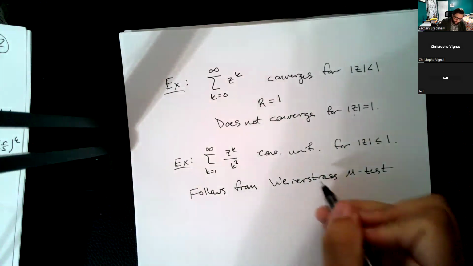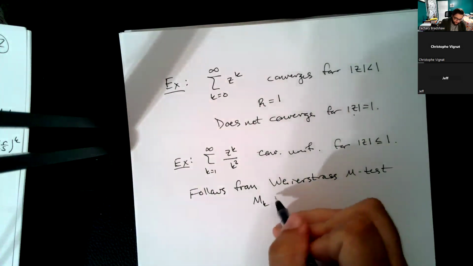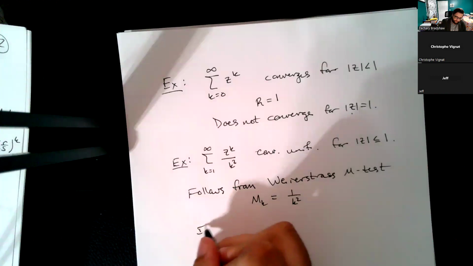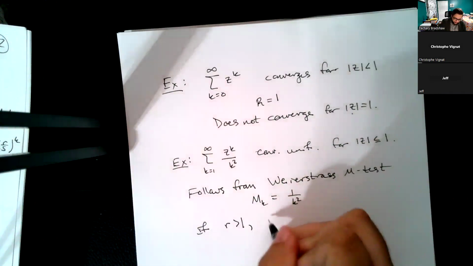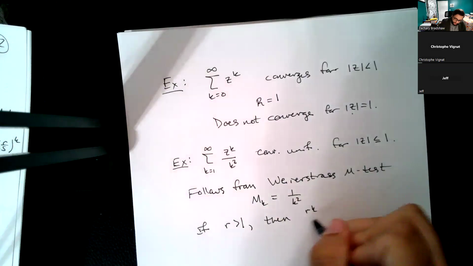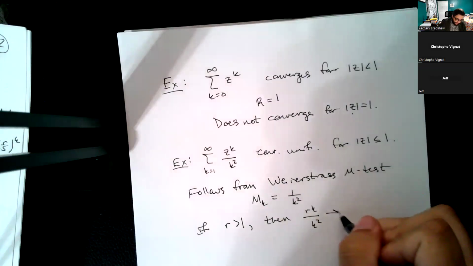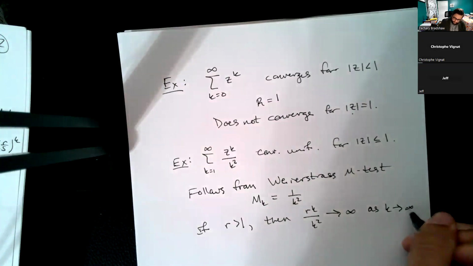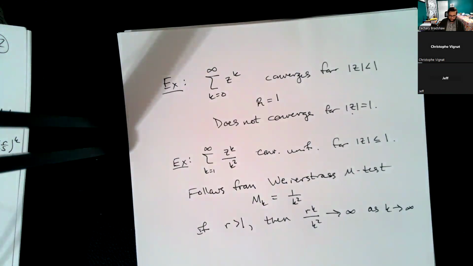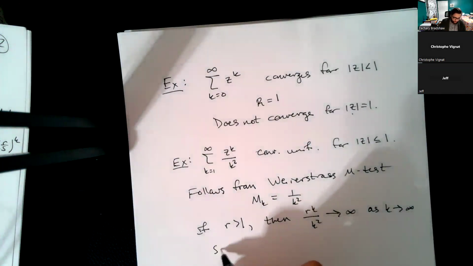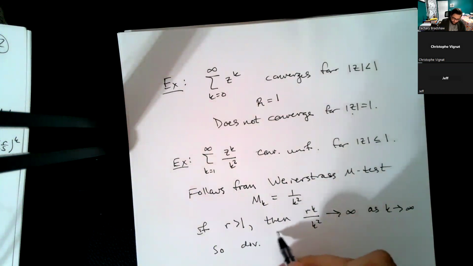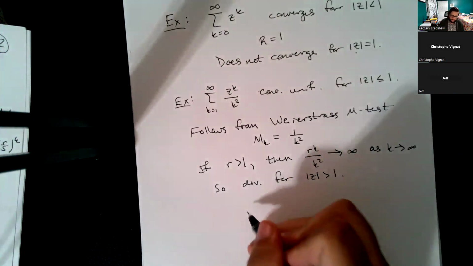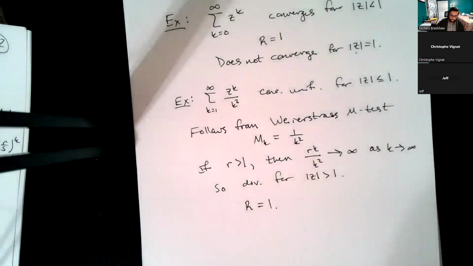And the dominating term here is M_k equals 1 over k squared. So if r is bigger than 1, then r to the k over k squared diverges. And we just take the limit. So we get divergence for modulus of z greater than 1. So that tells us that, in fact, the radius of convergence is equal to 1.